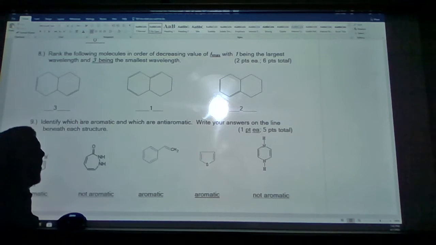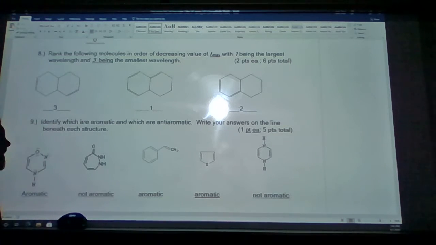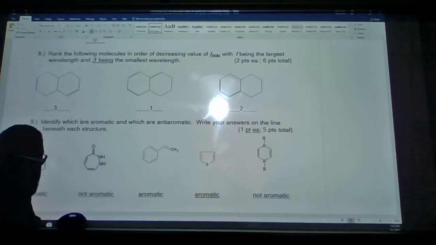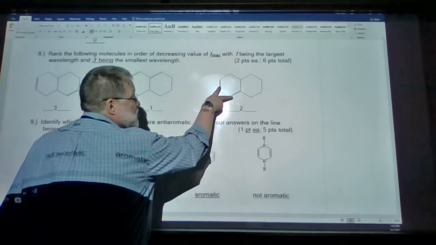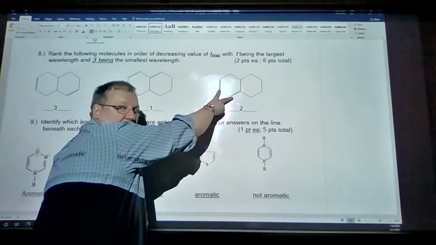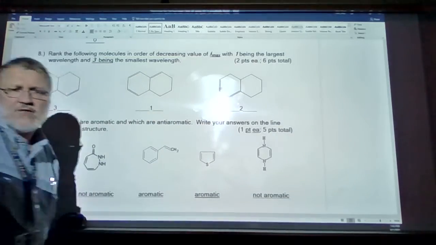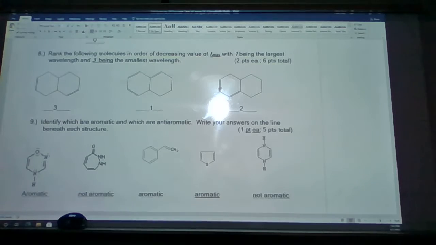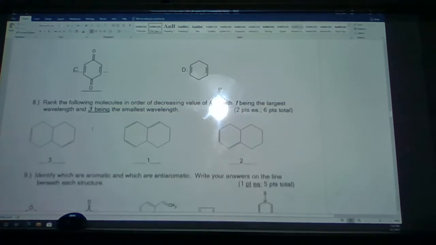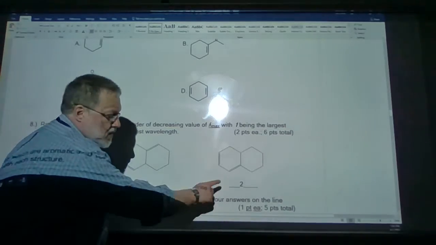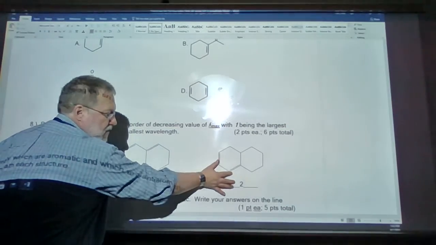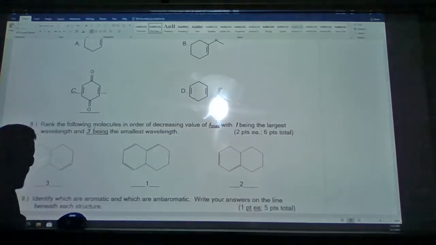Between these two, do these two have double bonds? Yes. Are they conjugated? Yes. Number 2 here has 2 double bonds that are conjugated. Here and there. Let me see if I can move that down out of the glow. 2 places where this is conjugated. There and there. We conjugate 2 bonds there.